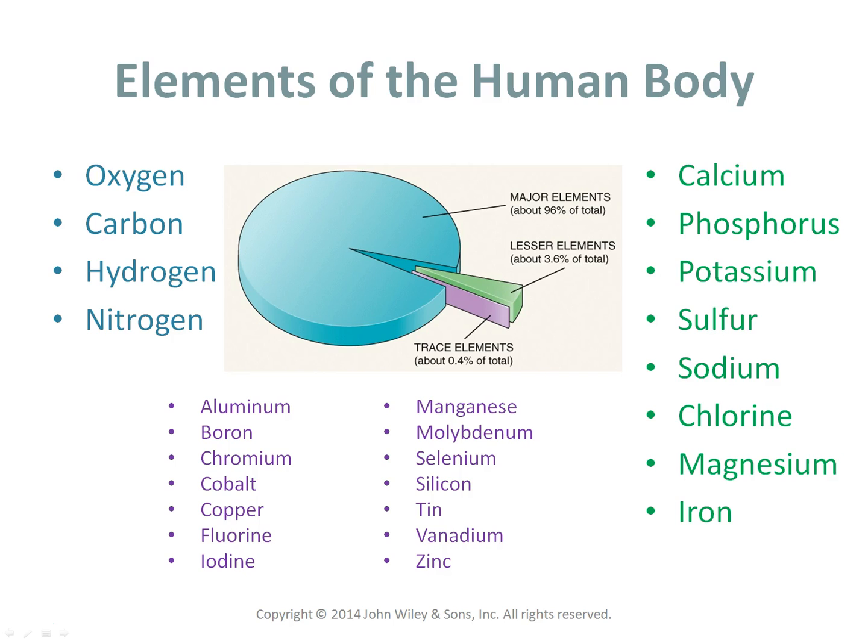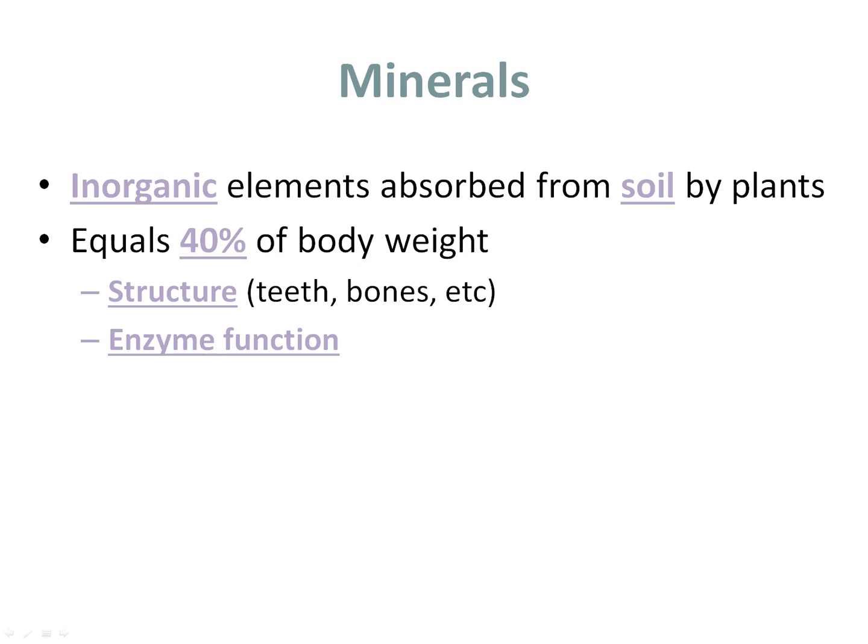And then we have a few trace elements where we just need a little tiny bit of them to function properly. And you can look at those indicated in that purple color there. So minerals are inorganic elements absorbed from the soil by plants. We then eat plants or eat things that have eaten plants, and we are able to get those minerals into our body.